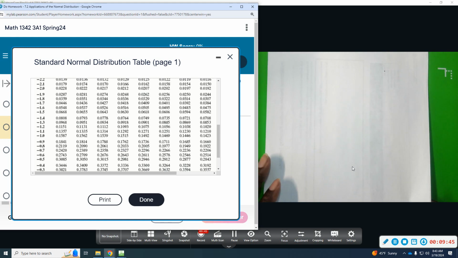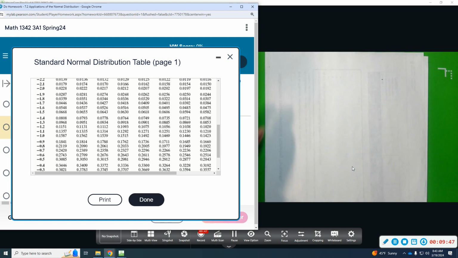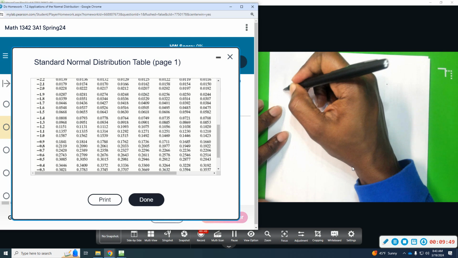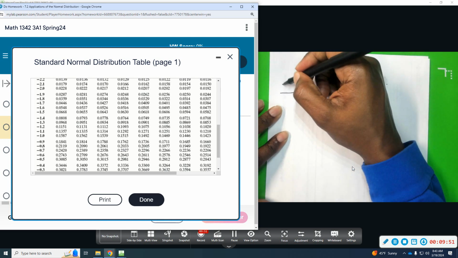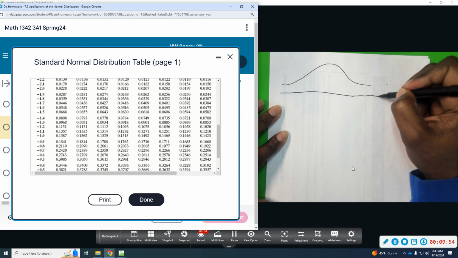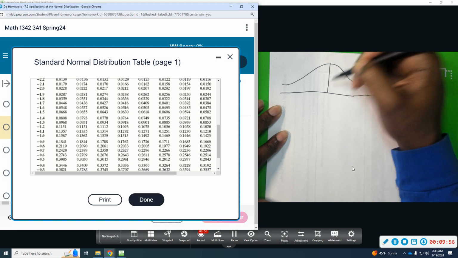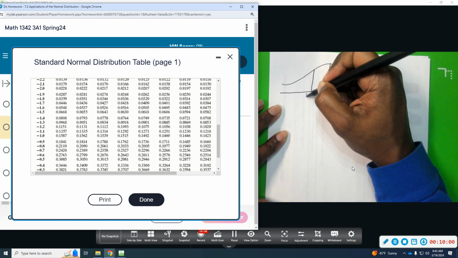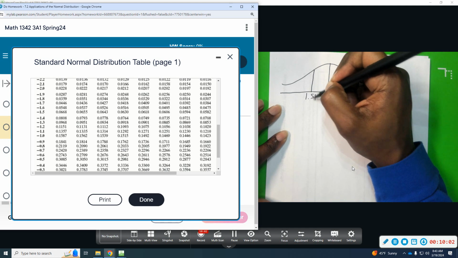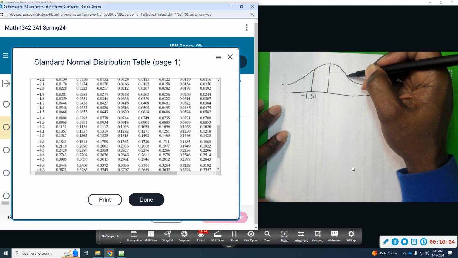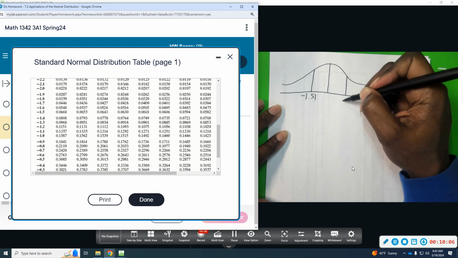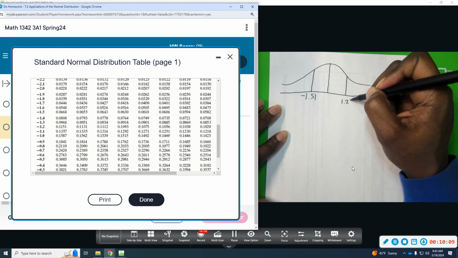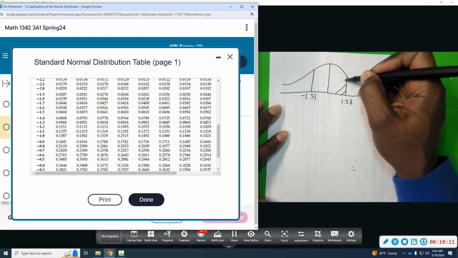So let's pick 2 numbers. Let's say we want the area between negative 1.51 and positive 1.28. So let's say I want the area in the middle. How do I find that?